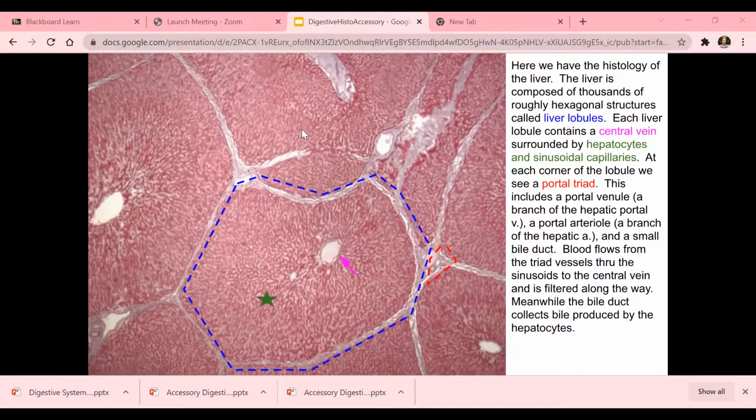You can see different hepatic lobules here. They are hexagonal structures. As I told you, they have the central vein in the center and the parallel organization of the hepatocytes around. And in the corner of this hexagon, you can see the portal triad.